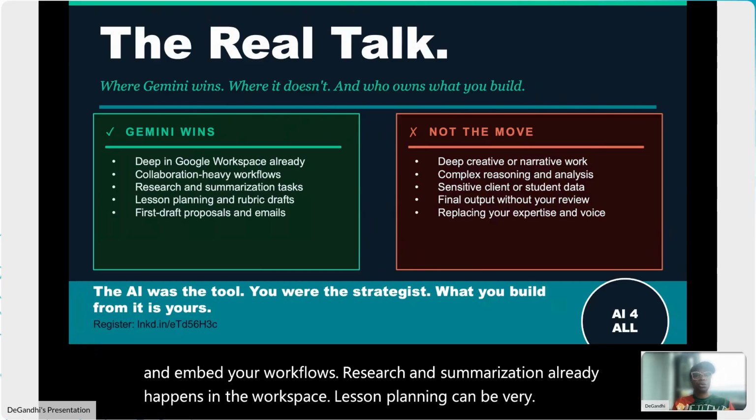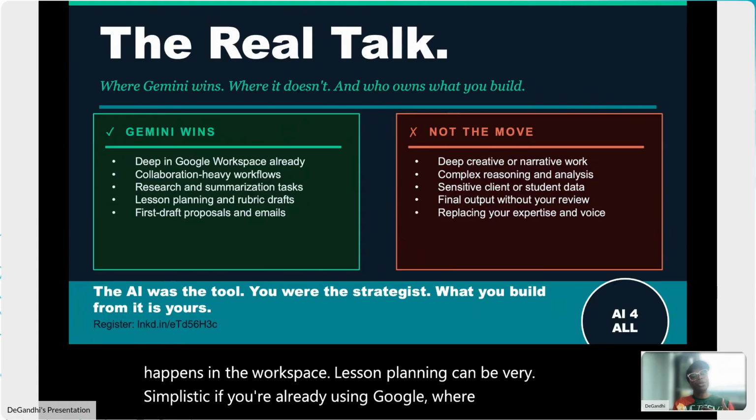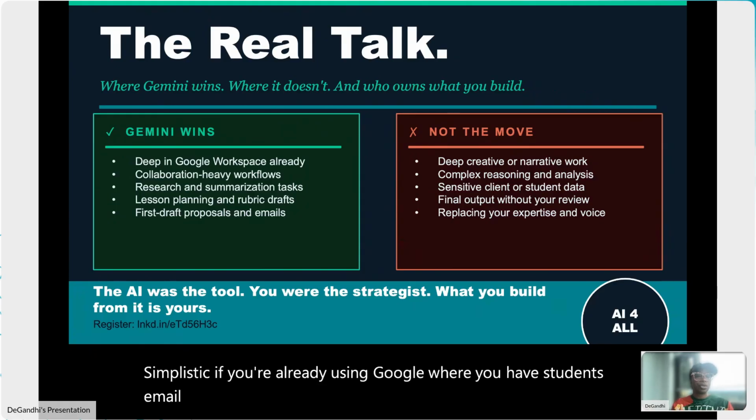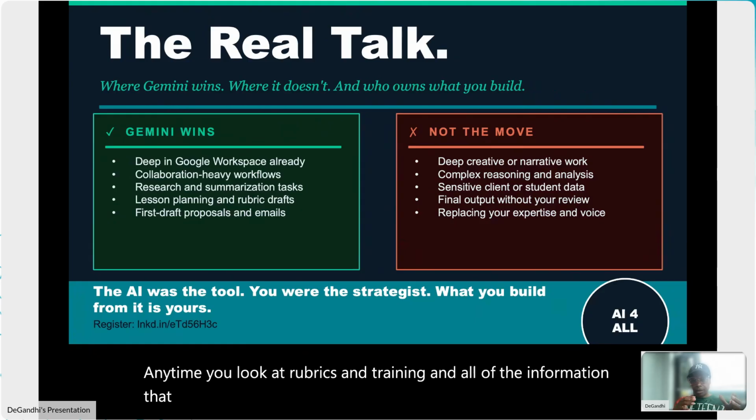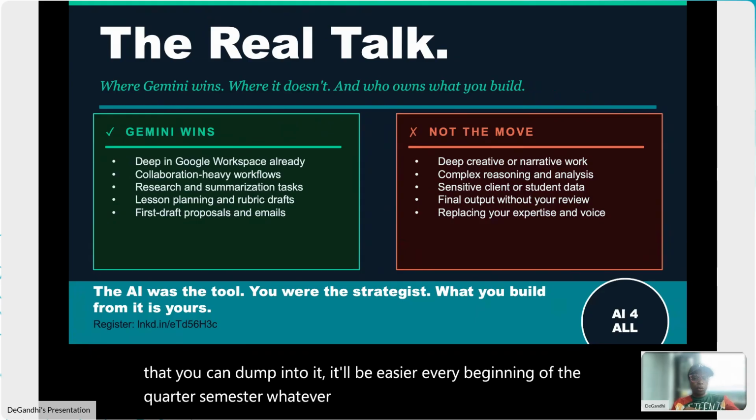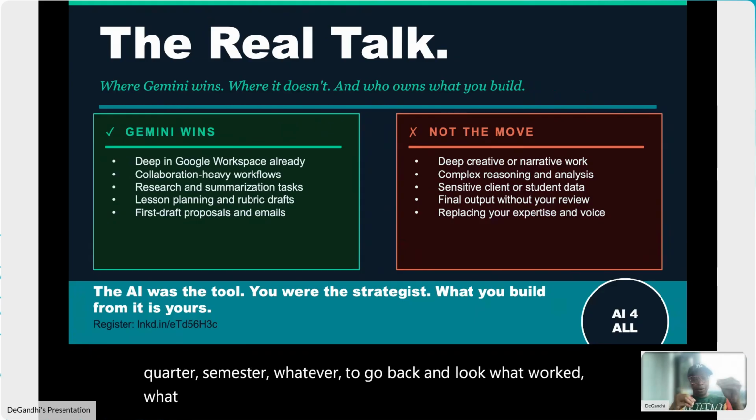If you're already using Google, where students email you, parents email you, administration, anytime you look at rubrics and training and all of the information that you can dump into it, it'll be easier every beginning of the quarter, semester, whatever, to go back and look at what worked, what didn't work, and then embed it where you can.